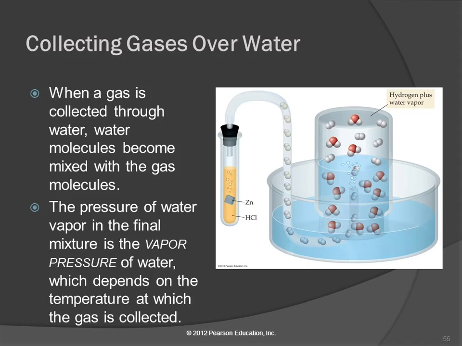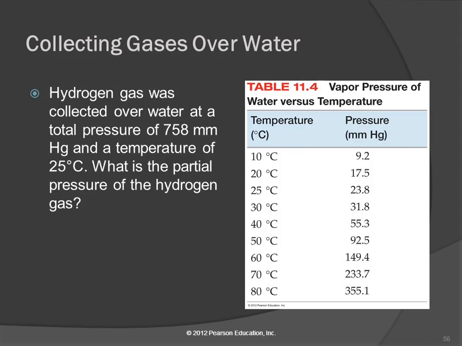For water vapor, we have a special name for its partial pressure. It's called the vapor pressure of water. And the vapor pressure of water depends only on the temperature. And so we can actually just look up a table. Other people have measured this for us. And here's an example of a table. At 10 degrees, the vapor pressure of water is 9.2. At 40 degrees, it's 55.3, etc.